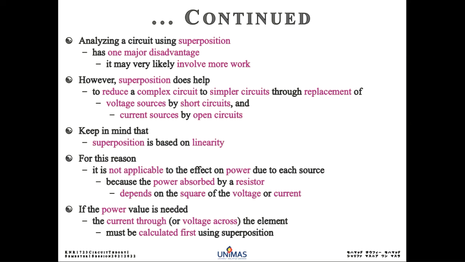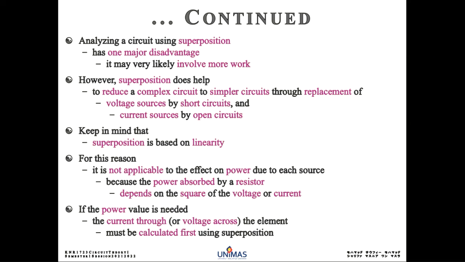So you have many sources, you can replace all but one source with short circuit or open circuit. So keep in mind that superposition is based on linearity. It is not applicable to the effect of power due to each source, because the power absorbed by a resistor depends on the square of the voltage or current. If the power value is needed, the current through or voltage across the element must be calculated first using superposition.